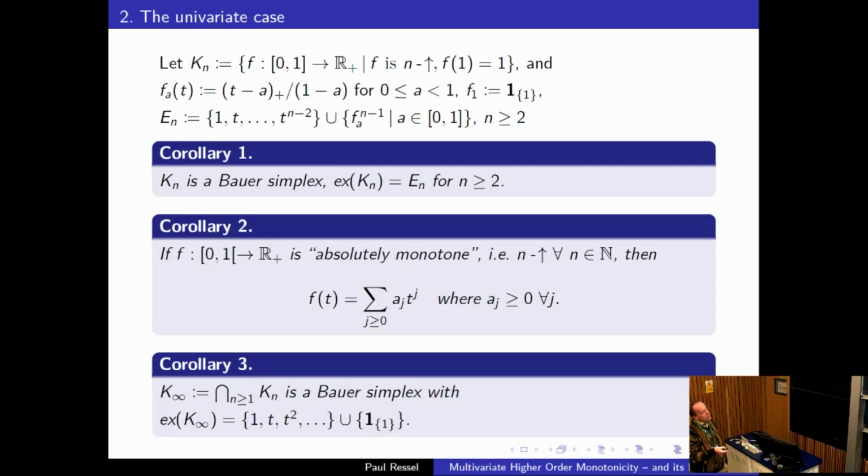And a third corollary: if I take the intersection of all these Kn's defined here, so all the functions which are absolutely monotone and normalized in the endpoint, this is also a Bauer simplex, and the extreme points are the monomials and this one special endpoint function. You topologize your collection of functions by pointwise convergence? Pointwise. Yeah, always.